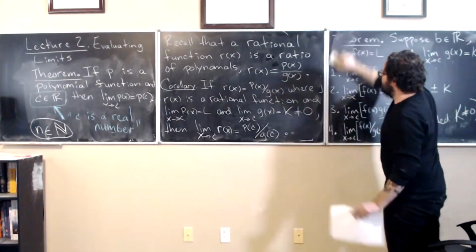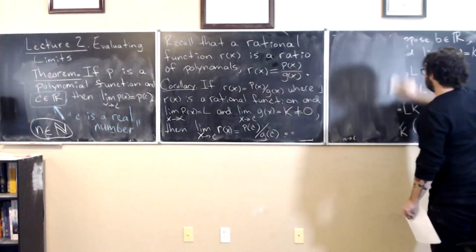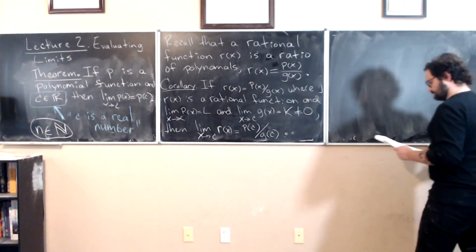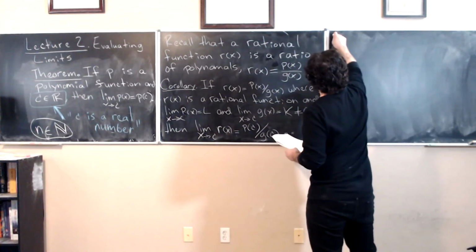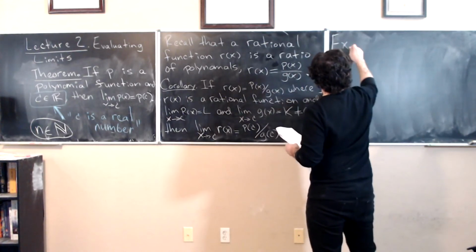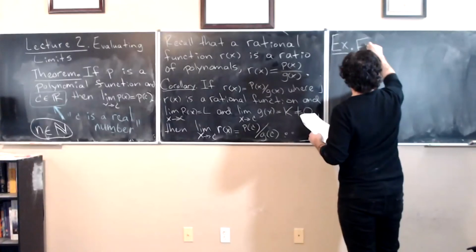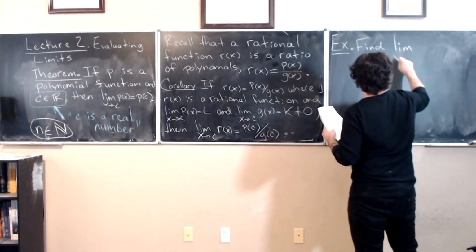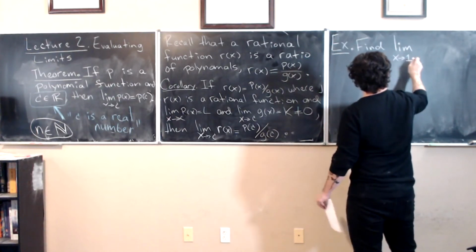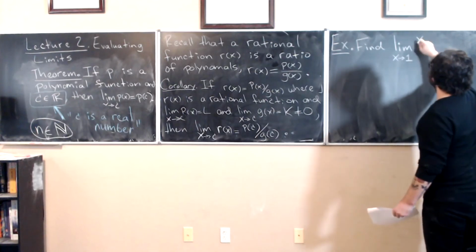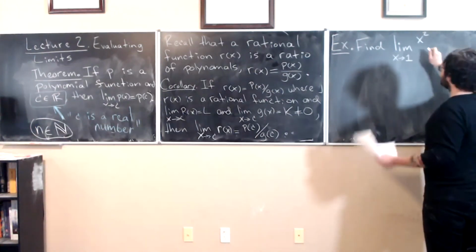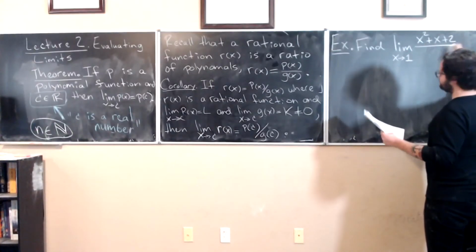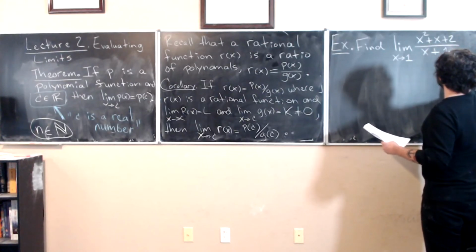So let's look at an example. Find the limit as x approaches 1 of the rational function x squared plus x plus 2 all over x plus 1.